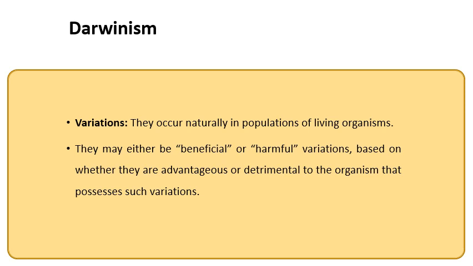So each and every individual living on this earth shows variation. This variation may be either useful or it may be harmful. Some variations are called useful variations. For example, development of chlorophyll in plants.